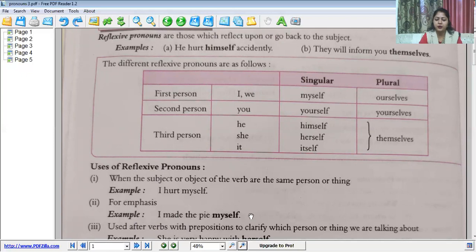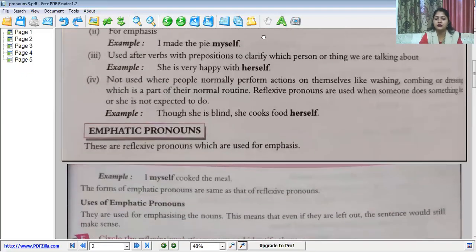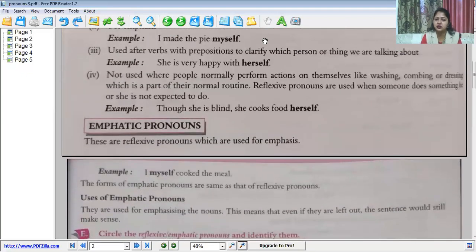But one important tip for you all, which is not again a compulsion, but still when you want to identify, then what happens is, generally in emphatic pronouns, you will see the pronouns being together, following one after the other.